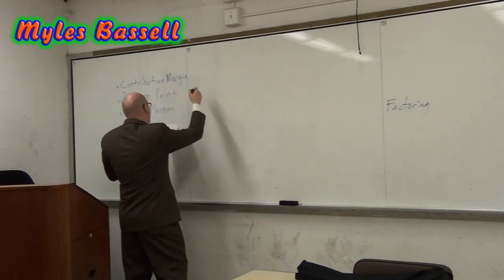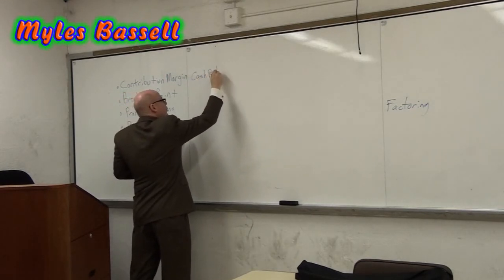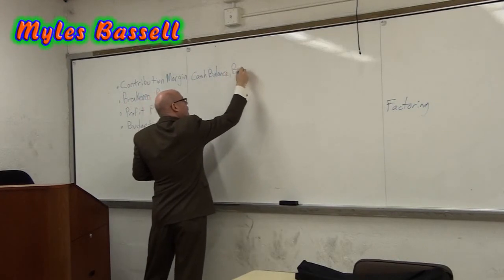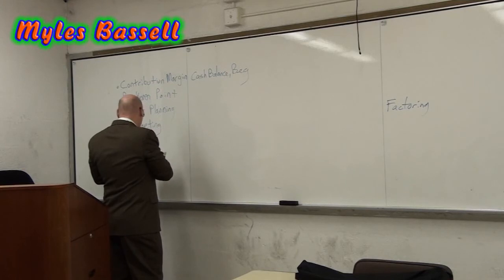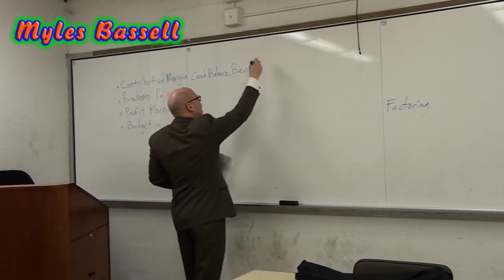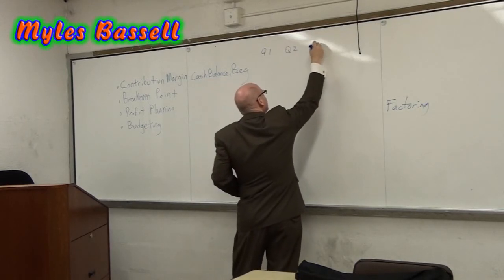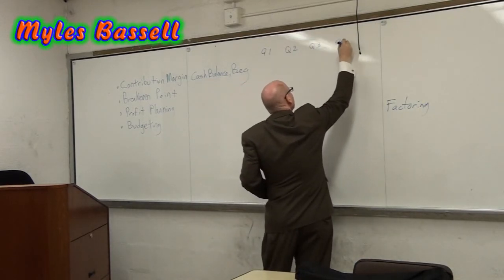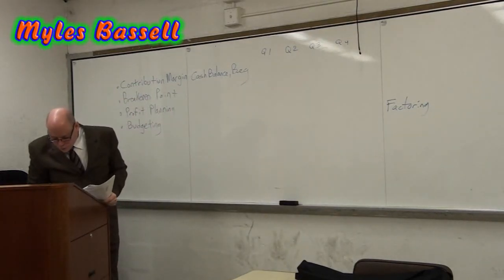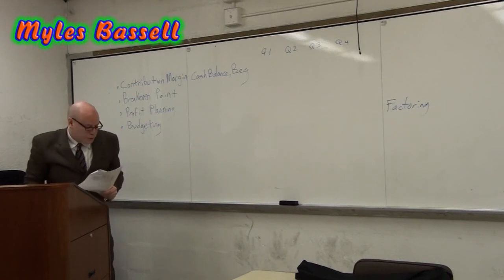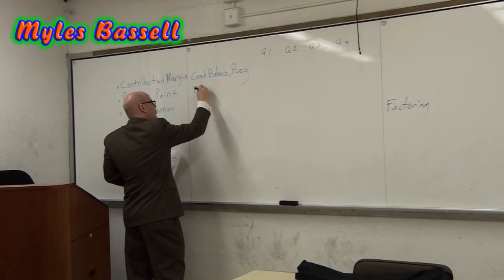All right, so we start off with the cash balance at the beginning of the period. And we have 4 quarters. Q1, Q2, Q3, Q4. We have total cash receipts.